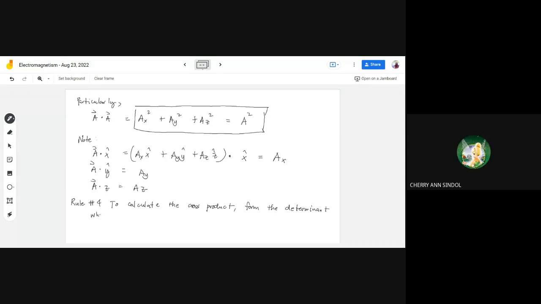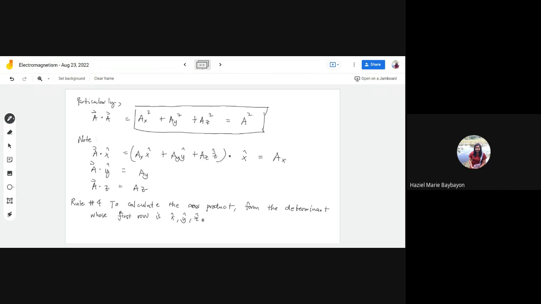Ano sa matrices, ma'am? Okay, so sa matrix, ang first row sa atong determinant is the unit vectors, so naa kay x hat, y hat, z hat. Okay?